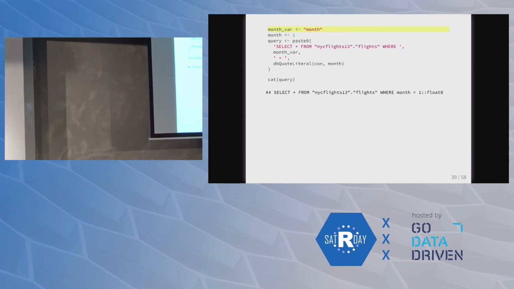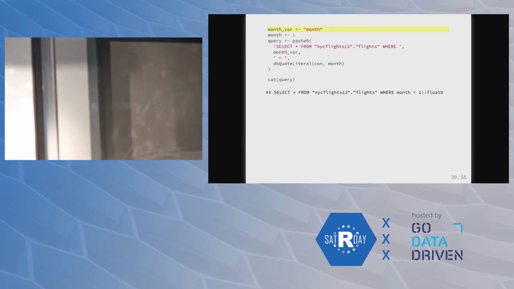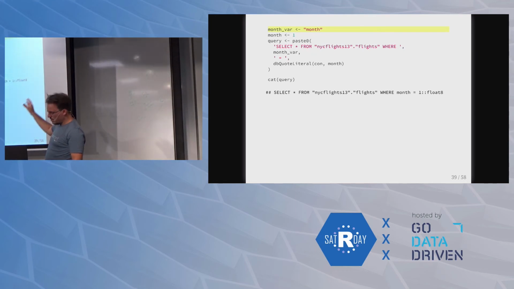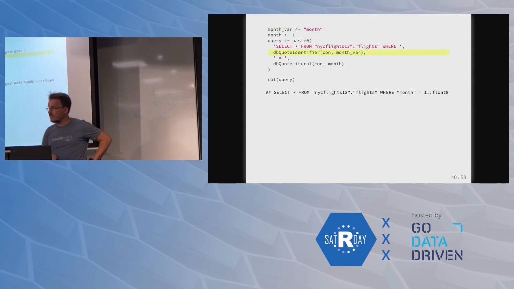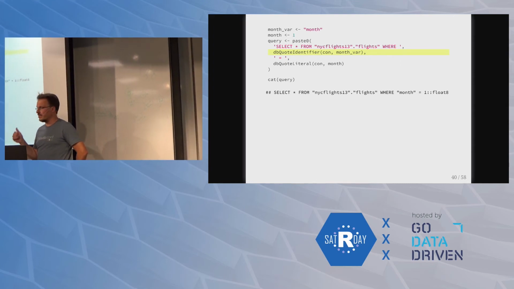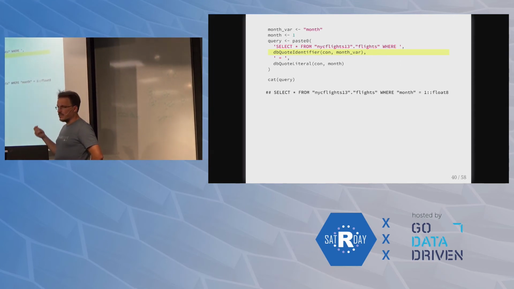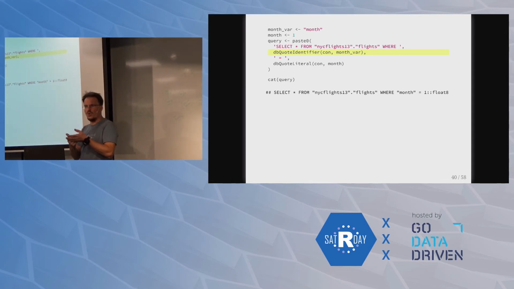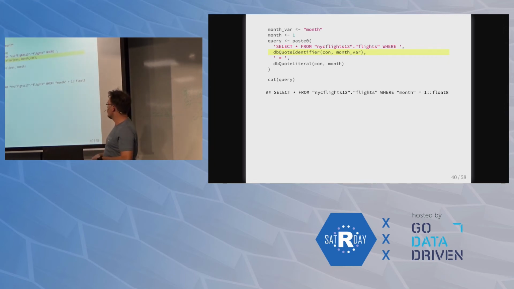If we want to parameterize on the column we use for filtering, we can do that. Again with paste, same results, but you probably want to use dbQuoteIdentifier in this situation to hedge against things like spaces, other weird characters, quotes in your variable name, to protect against user input.